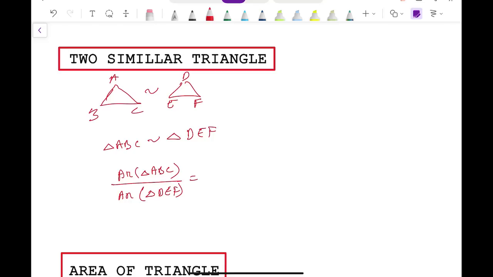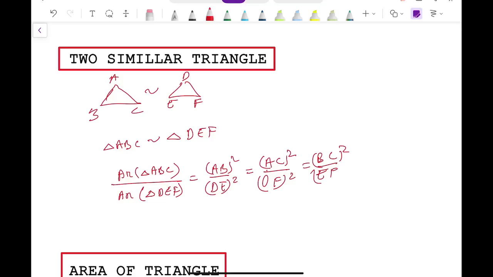Okay, so AB whole square divided by DE whole square is equal to AC whole square divided by DF whole square is equal to BC divided by EF, so whole square, which simply means the area ratio of their triangles is equal to their side ratios squared.